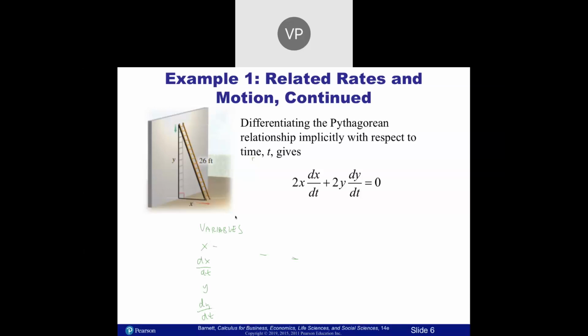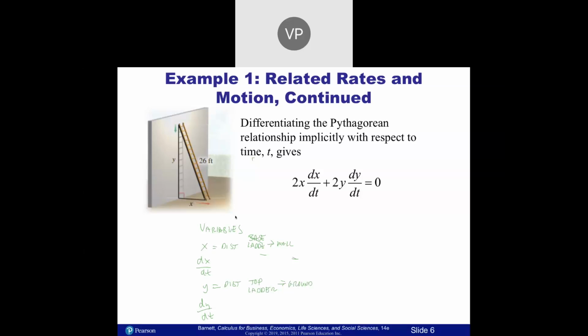Remember, x is the distance of the base of the ladder to the wall. Y is going to be the distance from the top of the ladder to the ground. Again, look at the picture. You can see what y is? It's the distance from the top of the ladder to the ground.